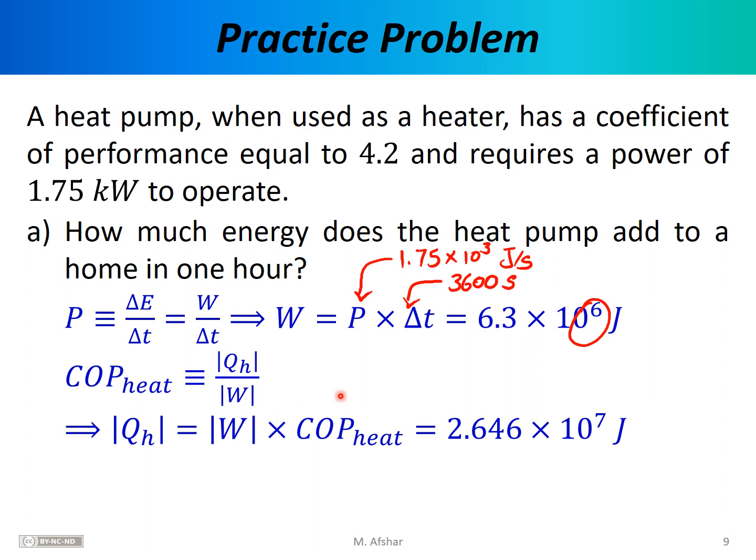We know W is 6.3 times 10 to the 6, and we know COP is 4.2. That's given to us in the problem. So the total amount of thermal energy that is pumped into the hot reservoir or into the home in 1 hour is 2.646 times 10 to the 7th joules.